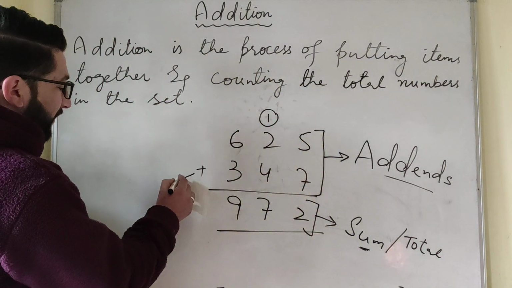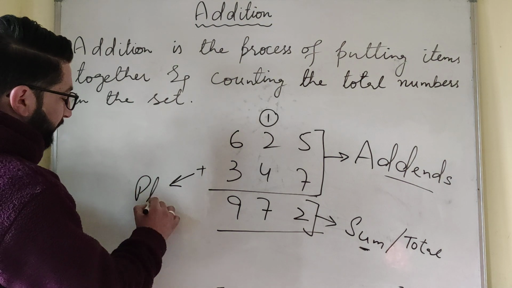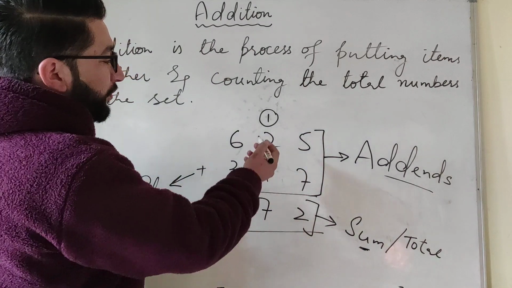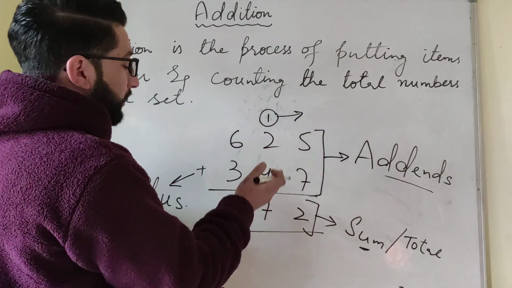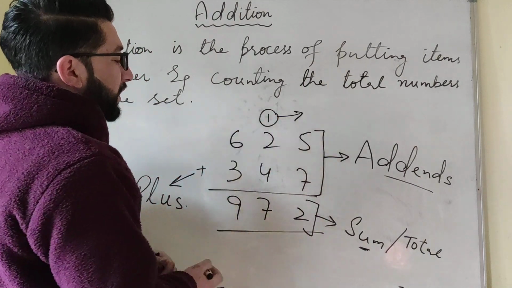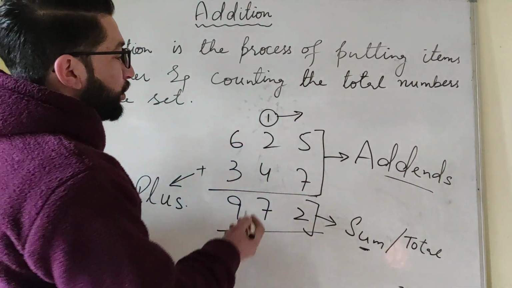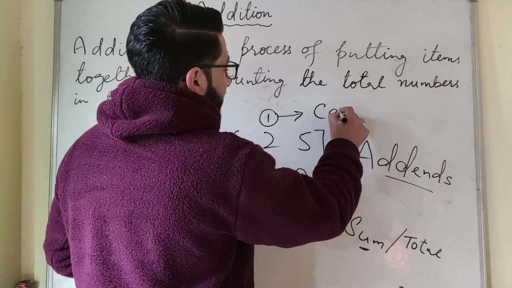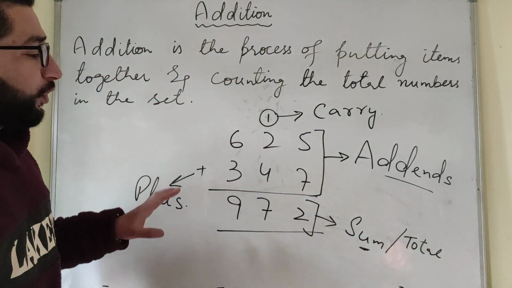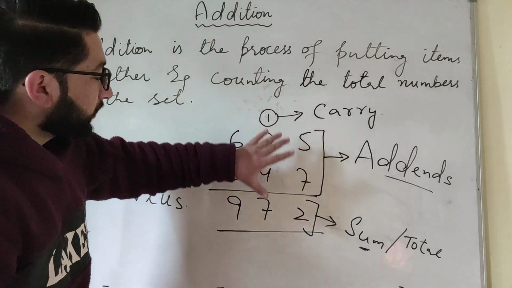The sign of addition we call plus. And here the number that we were not able to write in our sum or in our total, we have written at the top of our addends, so it is said to be carry. So now we have 4 terms related to addition.